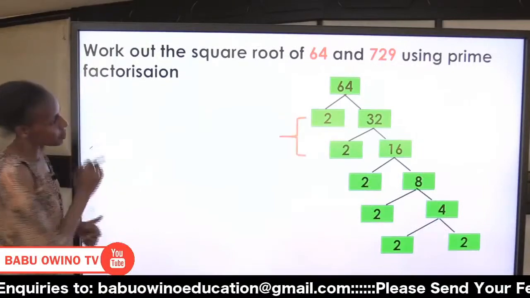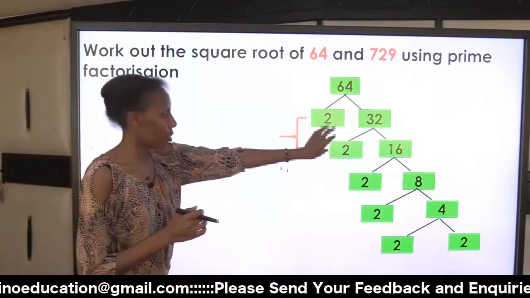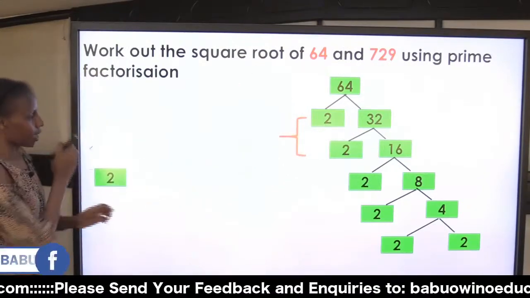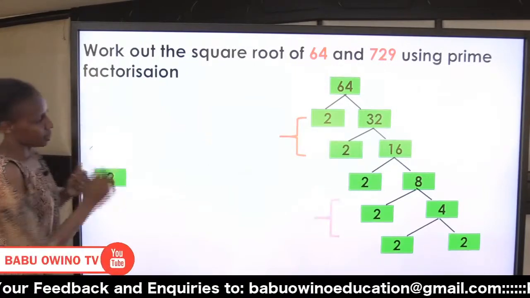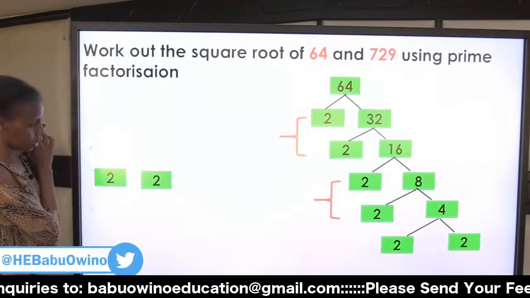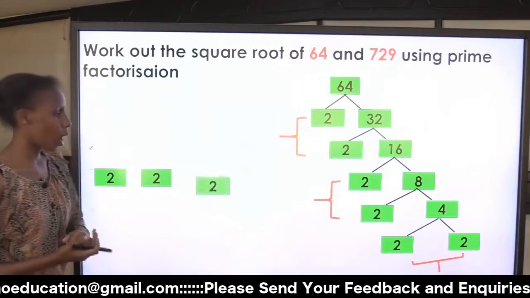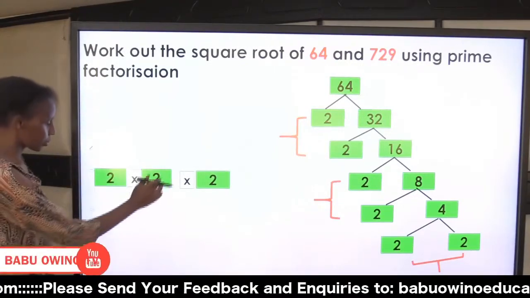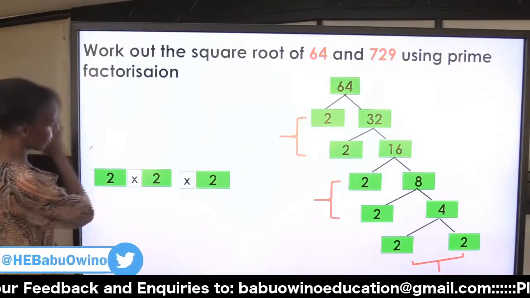The next thing is I'm going to pair those prime factors. In this pair, I have picked 1. In the next pair, I also pick 1. And in the third pair, I pick 1. I multiply. 2 by 2 is 4, and 4 multiplied by 2 is 8.